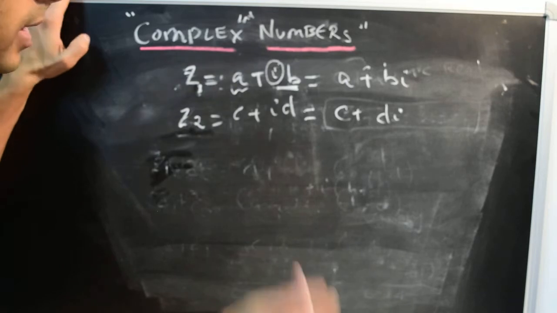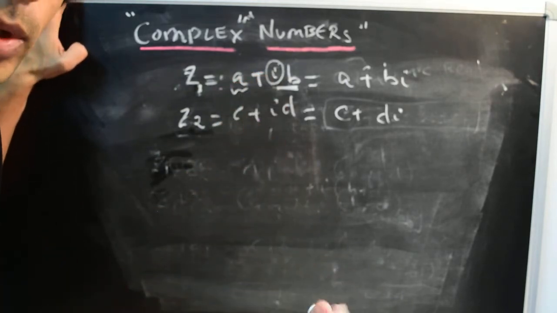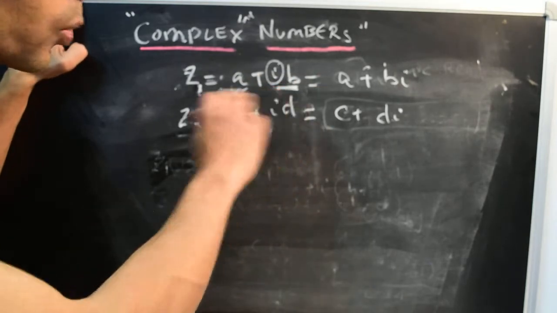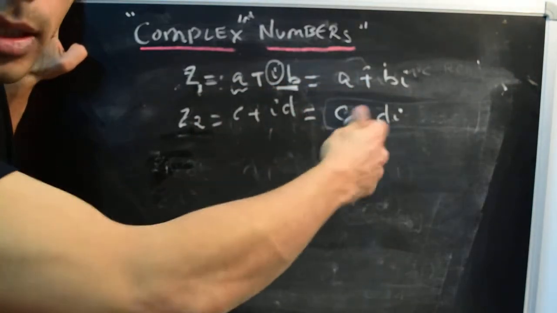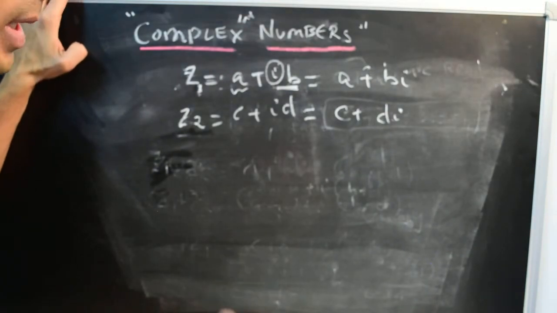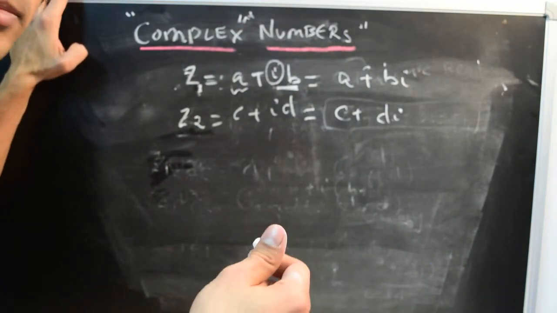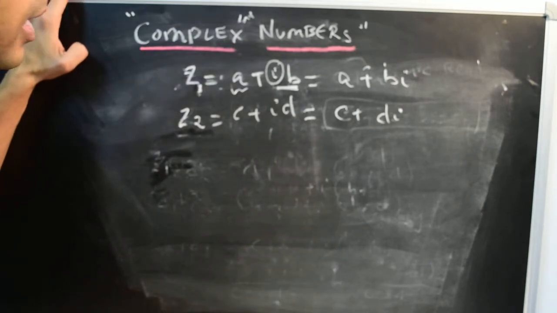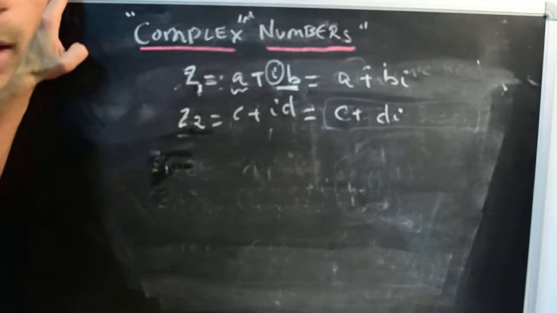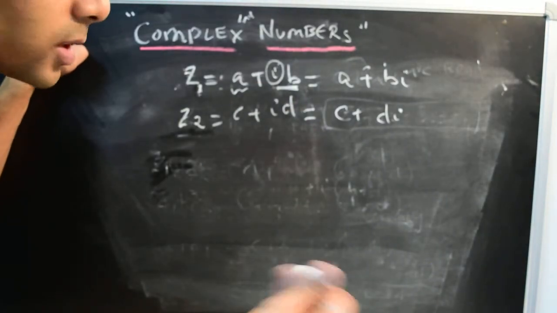What we are claiming here is that the symbol I, the unit imaginary number, commutes with any real number it appears with. So we'll take this to be a definition, that given a symbol I, we can move it around the real numbers that it comes along with.